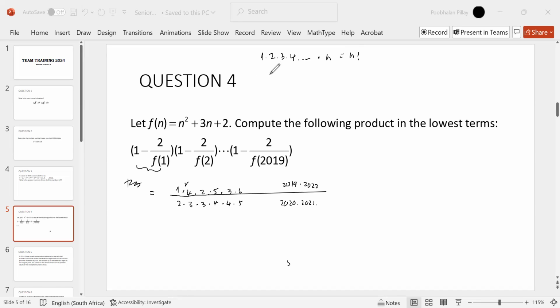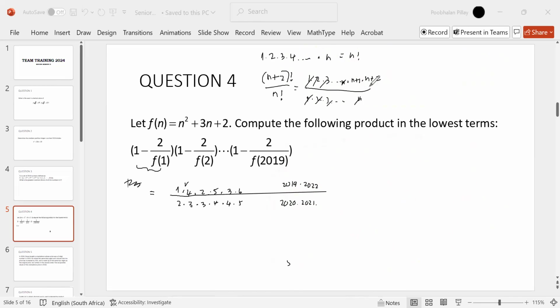There are some very interesting things. For instance, if I've got n plus 2 factorial divided by n factorial, this is 1 times 2 times 3 all the way up to n plus 2, and here you've got 1 times 2 times 3 all the way up to n. So you can see you're canceling off a lot of things. The one just before n plus 2 is n plus 1, and the one before that is n, so the n's would have cancelled off.